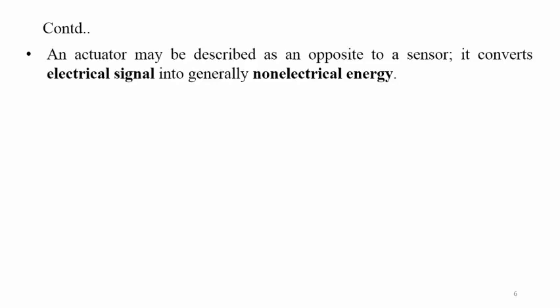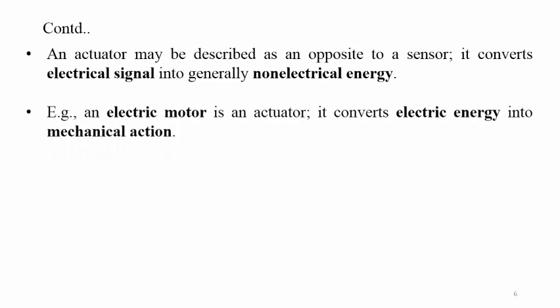An actuator may be described as the opposite of a sensor. It converts an electrical signal into generally non-electrical energy. Take a simple example, an electric motor. An electric motor is an actuator.